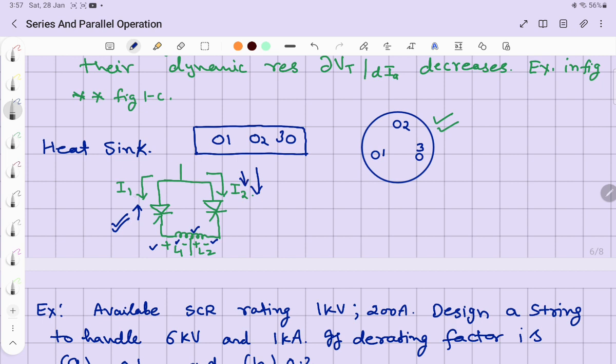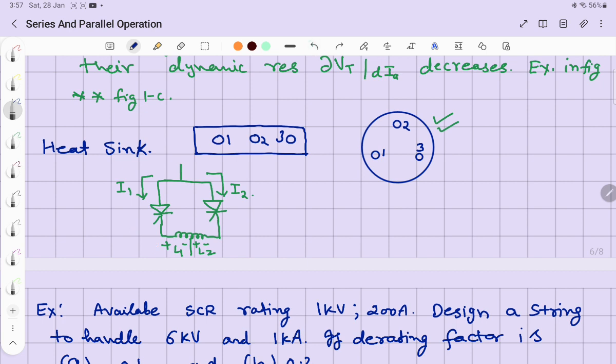So I1, which was high, is decreasing, and I2, which was low, is increasing. Ultimately they will try to balance I1 and I2. So the interface reactor is used to balance the I1 and I2 currents.